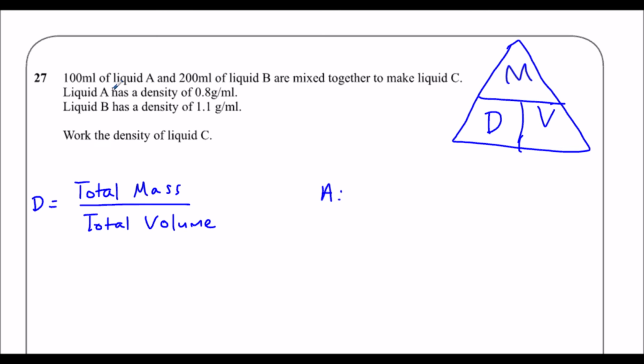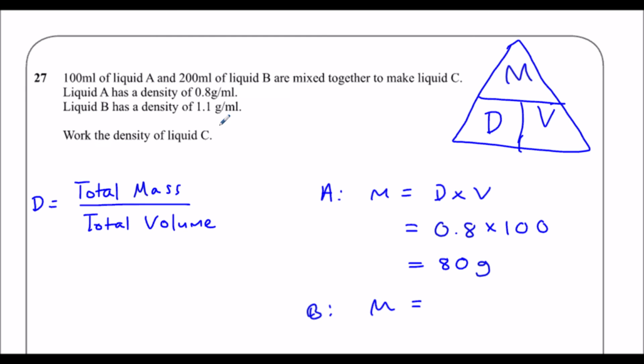So 0.8 times 100, which is 80 grams. And for B, again, mass equals density times volume. So it's 1.1 times 200, which is 220 grams.